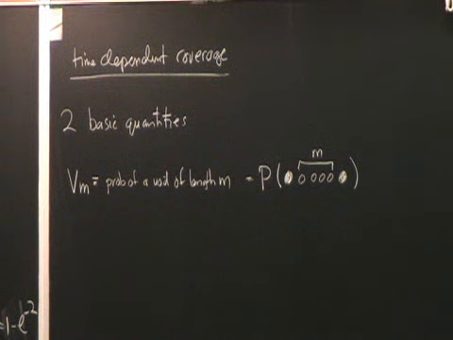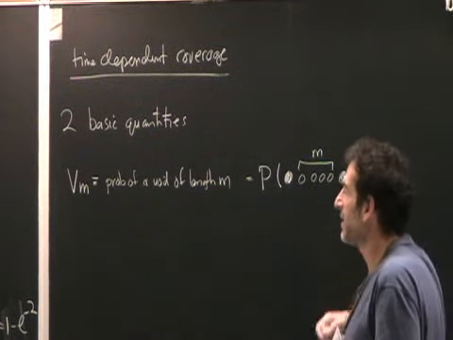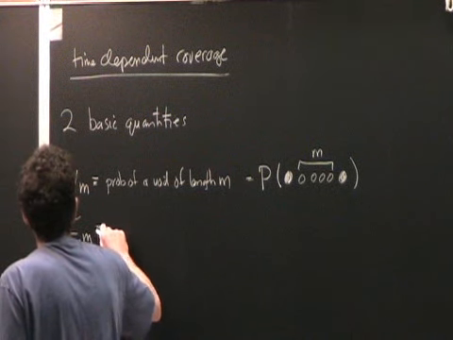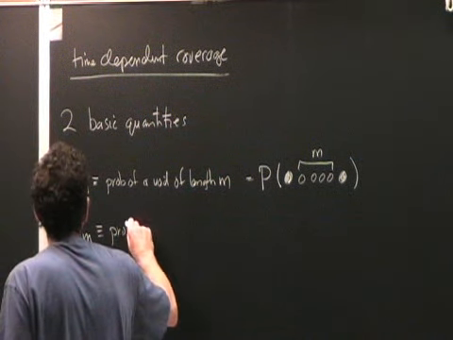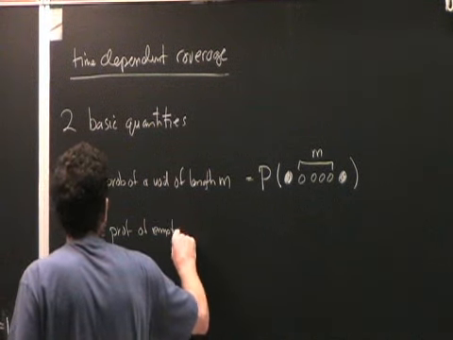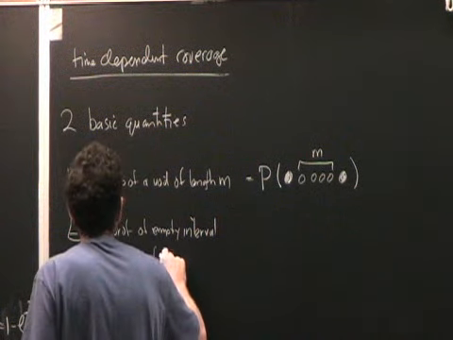Now, it turns out that this void density is not as useful as you might think, and there's another quantity which is closely related, which we'll call E sub m. And I'll define this to be the probability of an empty interval of length n.